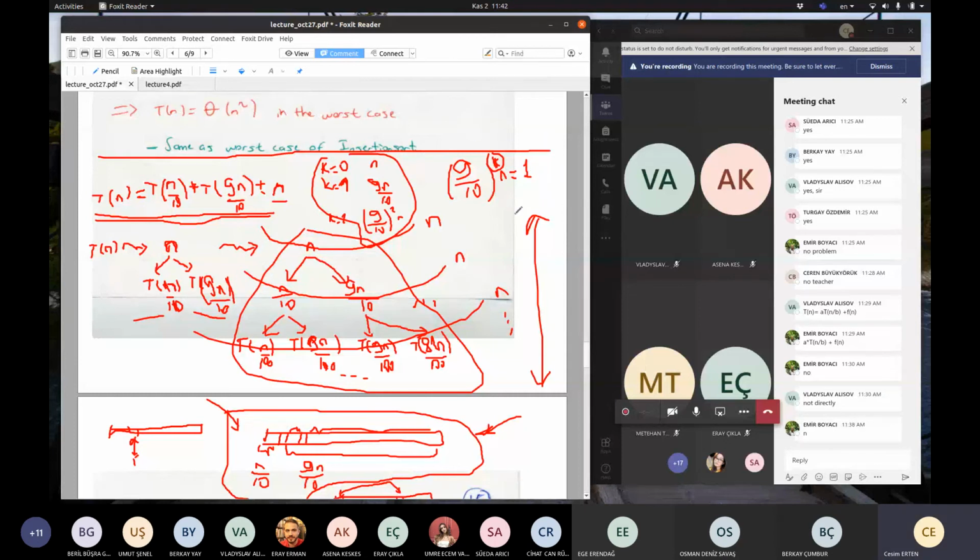With this equation, if we solve for k, that will give us the level k where we are expanding T of some constant, which represents the leaf level of our tree, in other words, the height of our tree. Okay. Now, how can we solve for k? In this equation, we have that n is equal to 10 divided by 9 to the k.